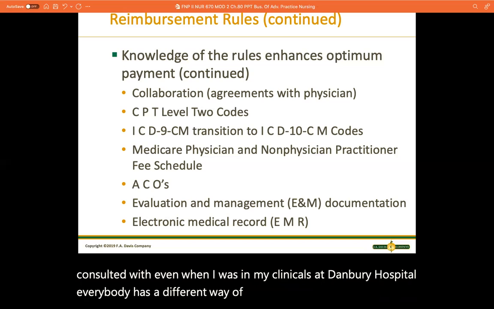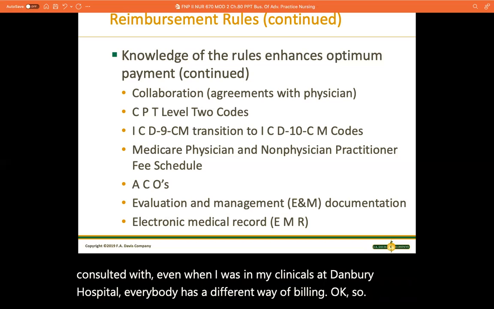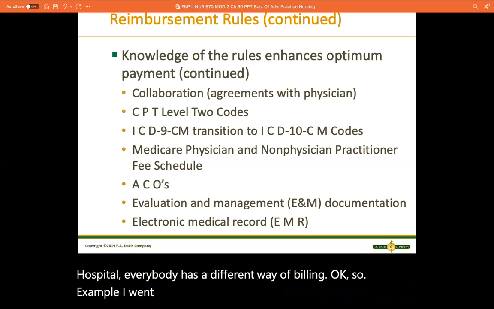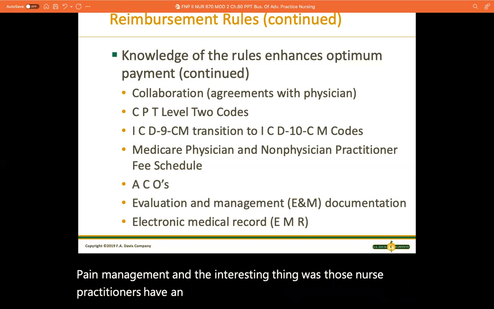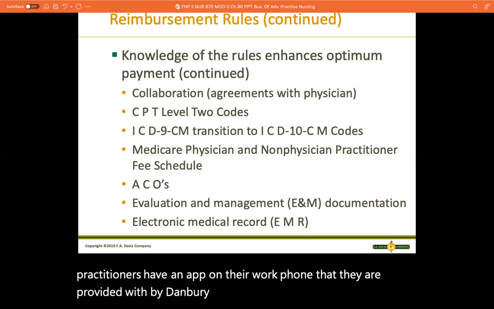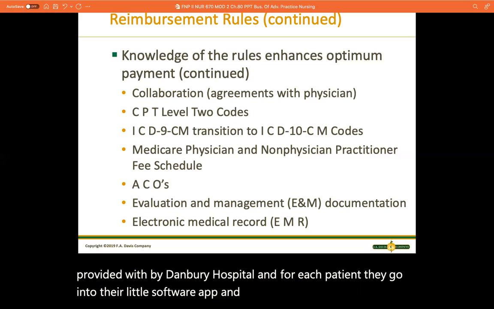Okay, so for example, I did my clinical rotations at Danbury Hospital in pain management. And the interesting thing was those nurse practitioners have an app on their work phone that they're provided with by Danbury Hospital. And for each patient, they go into their little software app and they code right after they finish their visit.